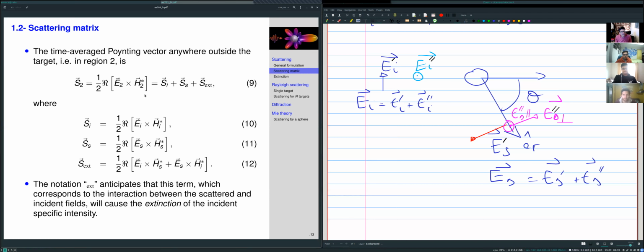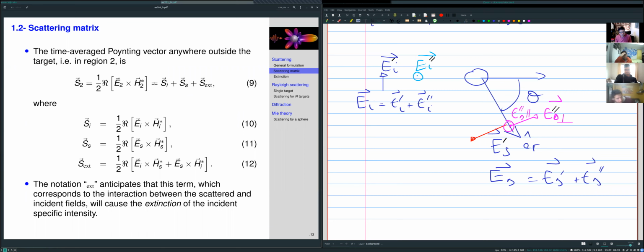The electric and magnetic fields outside the target are composed of the sum of the incident and scattered waves. So when you take the cross product here and take the real part, it turns out, and this is easy to work out, that you can write down the Poynting vector in terms of these 3 components.